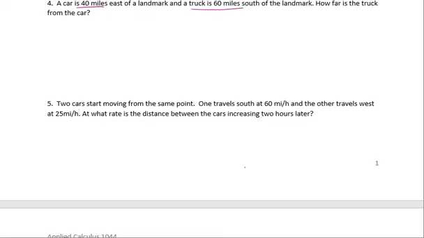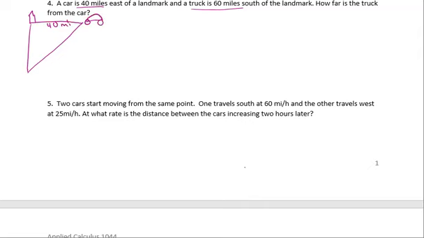Now, when I do a question like this, I like to draw a picture. I'm not much of an artist, so my pictures are sometimes not that great, but it helps me to visualize what's going on. So for example, here's going to be my landmark. And it says that a car is 40 miles east. So this dimension here would be 40 miles. And here's my car.